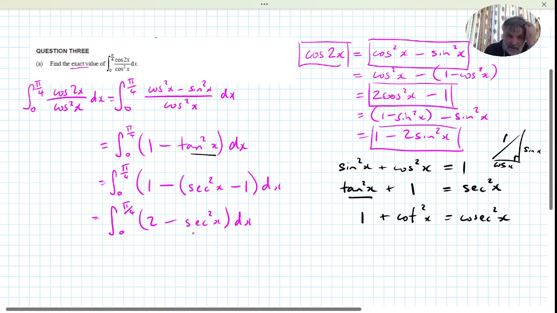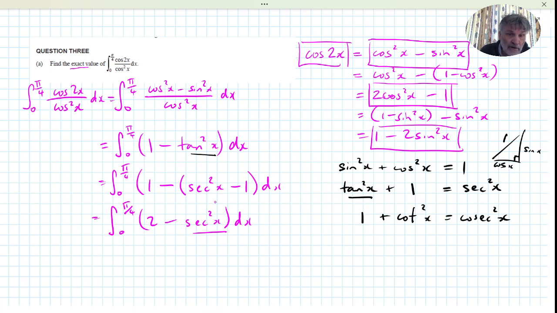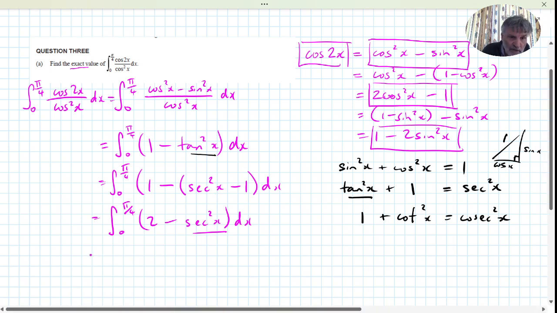And the advantage is that sec squared x is a standard integral. Tan x differentiated gives sec squared. Going back the other way, you'll just get tan x. So we get here, integrate 2, you get 2x. Integrate sec squared, you get tan x. And this is evaluated at 0 and pi over 4.